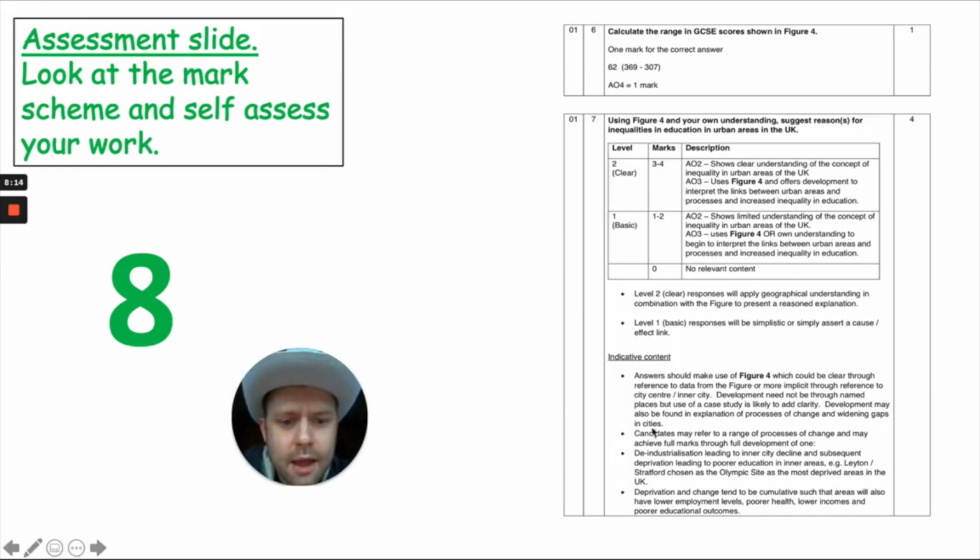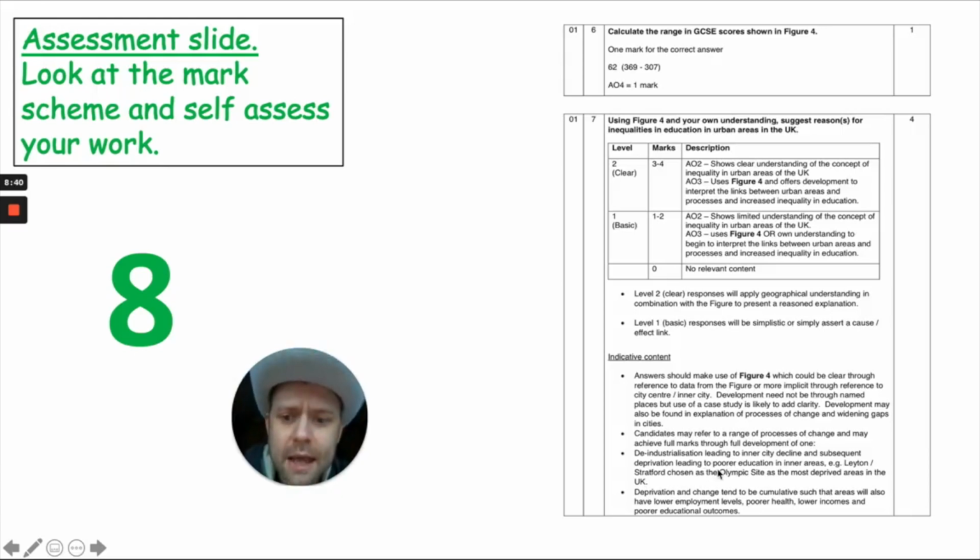And your development is going to be explanation. It then says candidates may refer to a range of processes of change and may achieve 4 marks through full development of 1. So you could talk about deindustrialisation, inner city decline, leading to poor education.